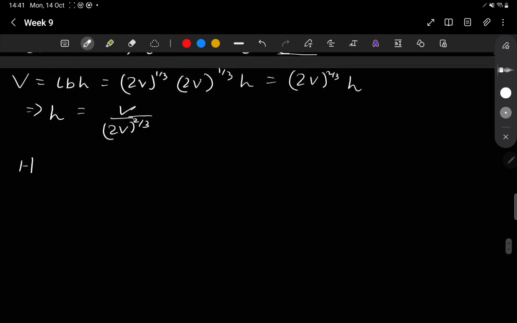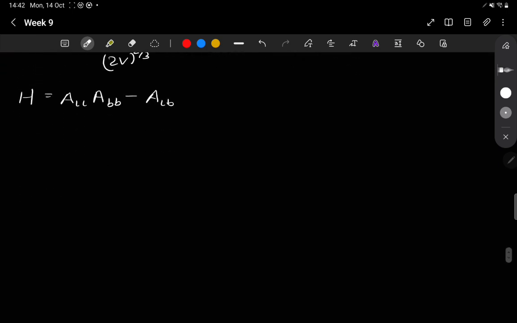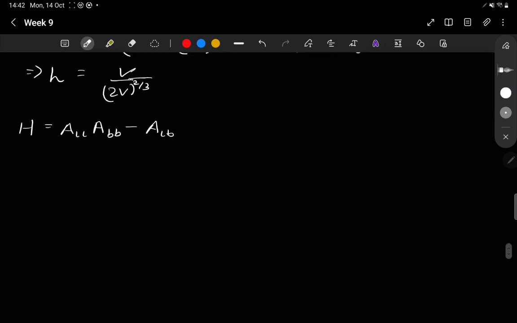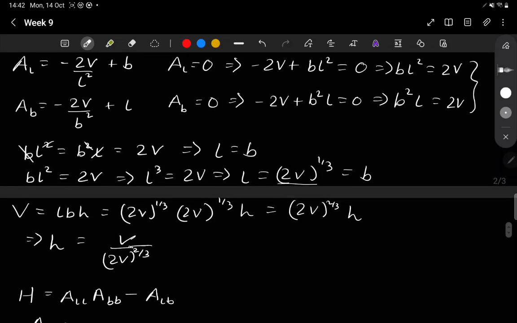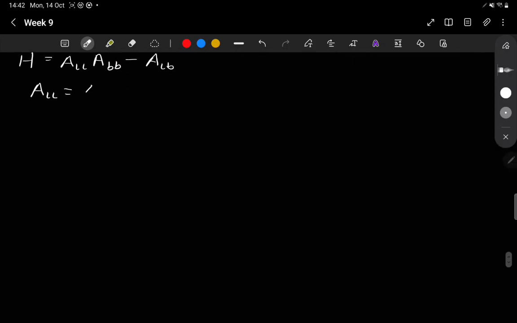Now here we can find out the Hessian, to see whether this critical point is maxima, minima or what, or saddle point. So this becomes, so negative 2 times negative 2, so 4V by L cubed.